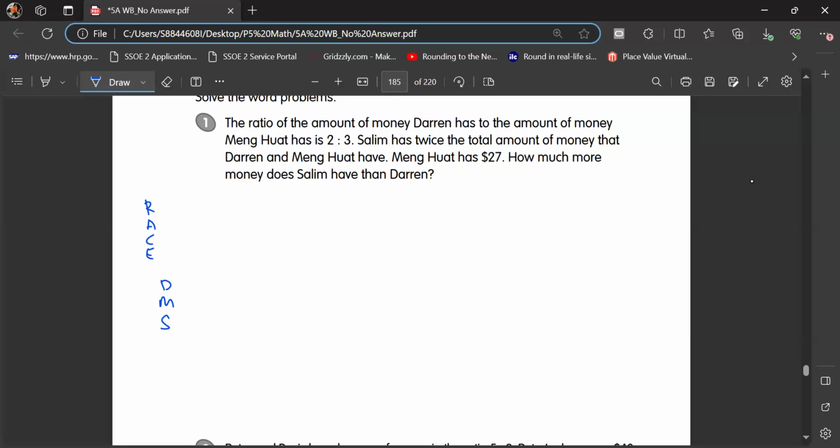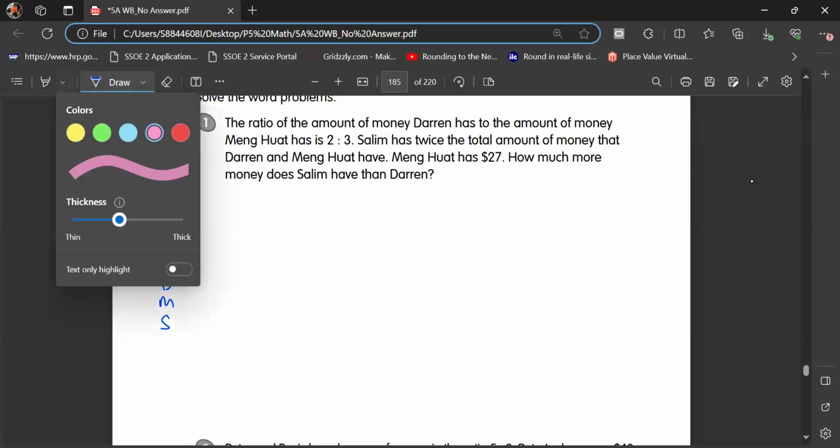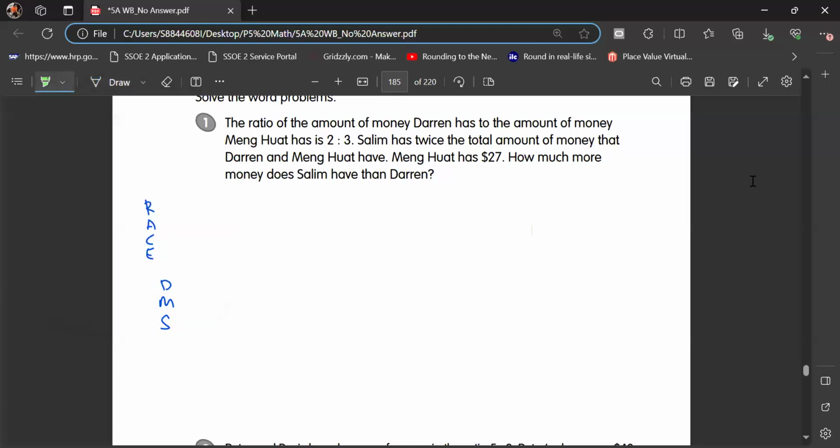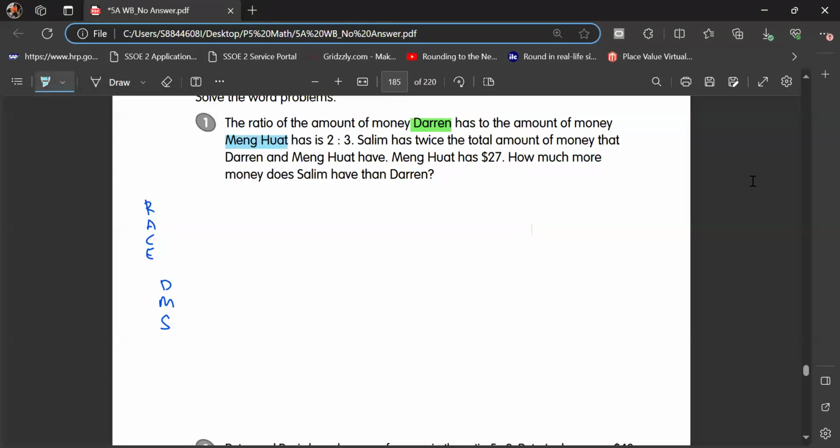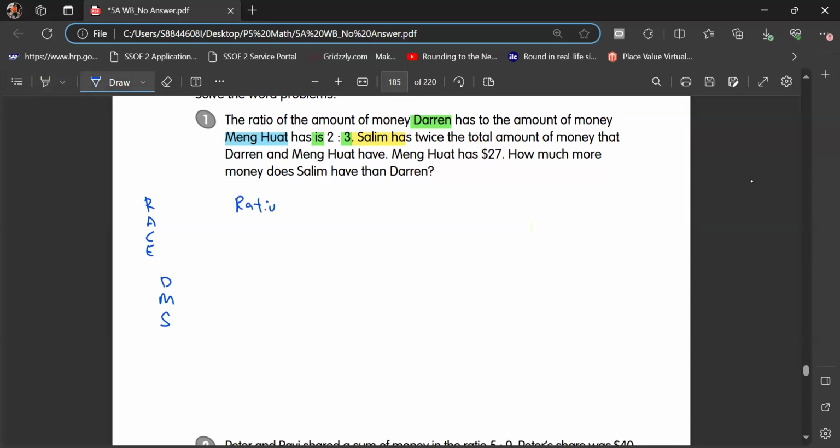First I have these three people. Okay, I'll color code them. Darren being green, Ming Huat blue, and then yellow for Salim. Then there's this very complicated relationship. I have a ratio. The ratio given here is between Darren and Ming Huat.